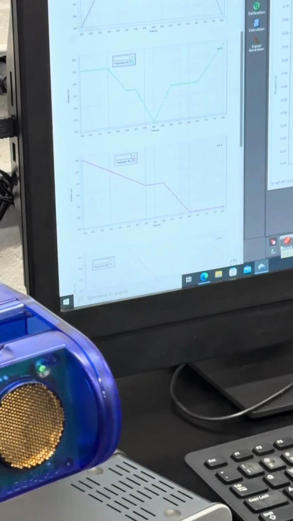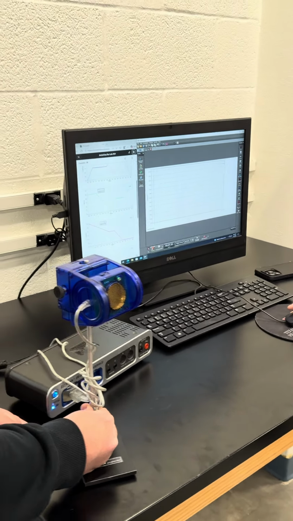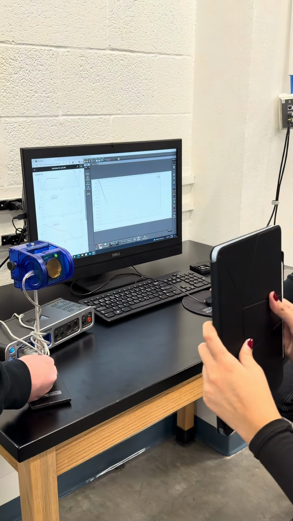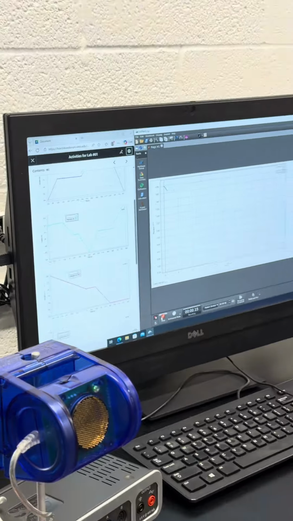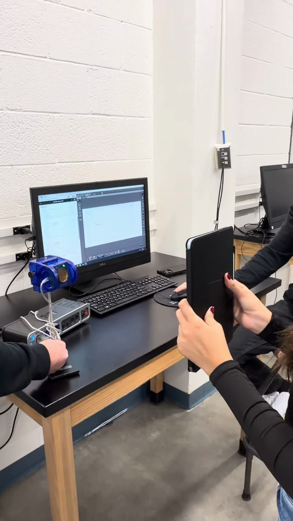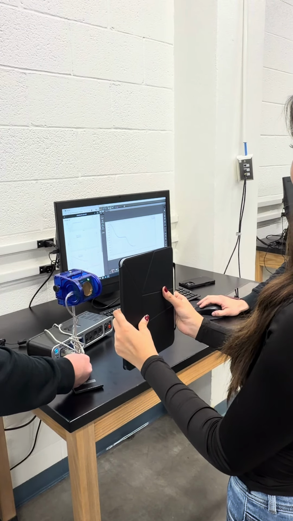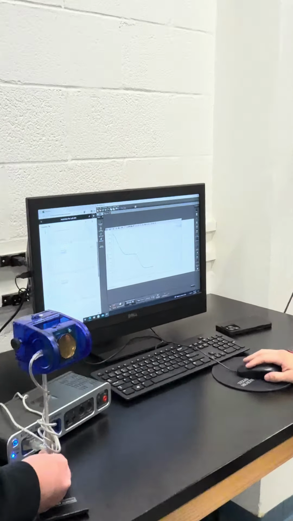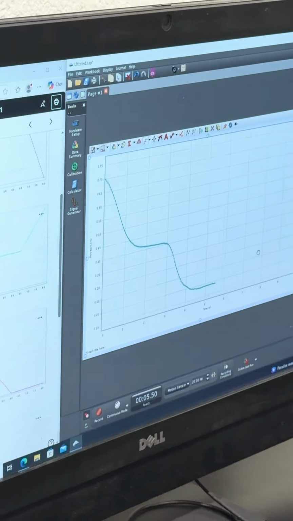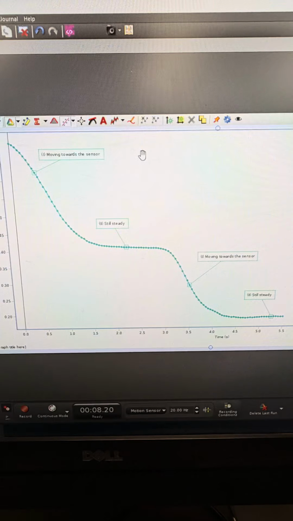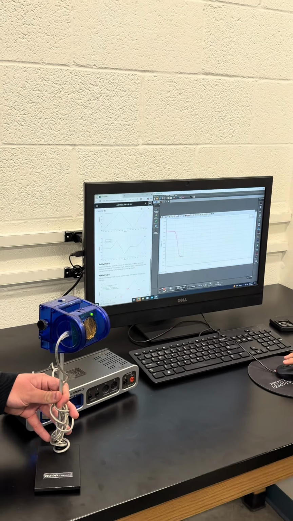Ready? We go further back. Alright. Yeah. 3, 2, 1, go. Let's go. Oh shit, my bad.